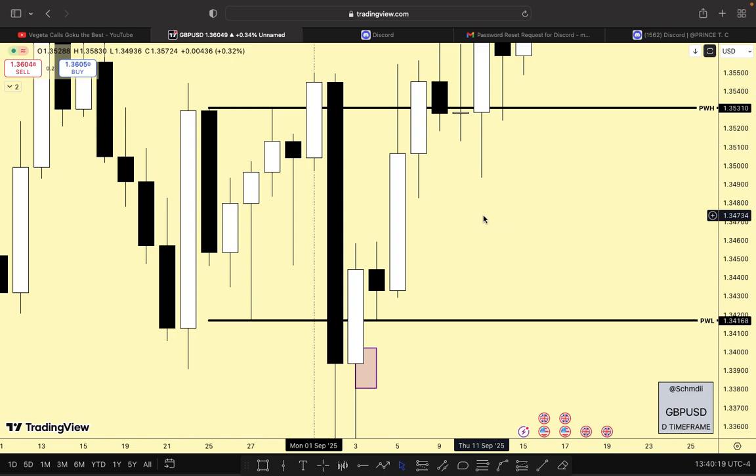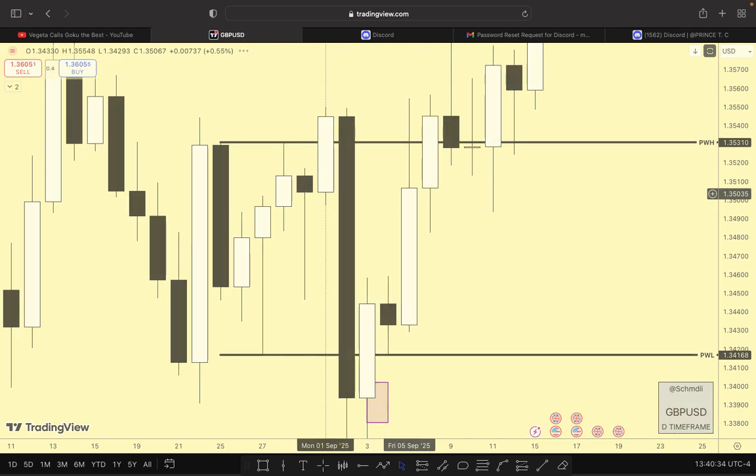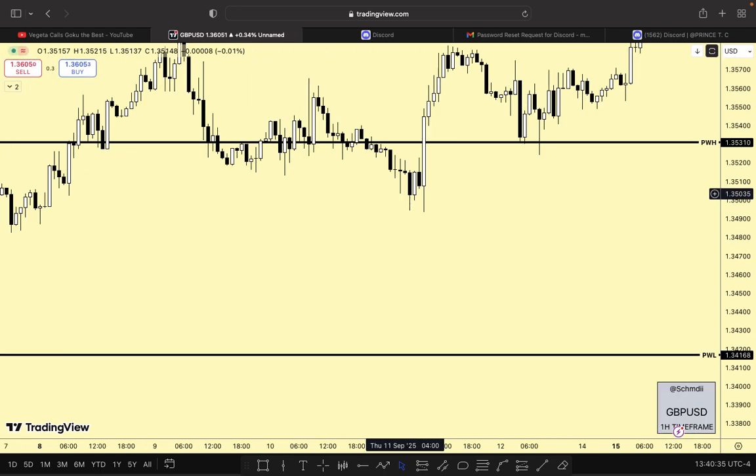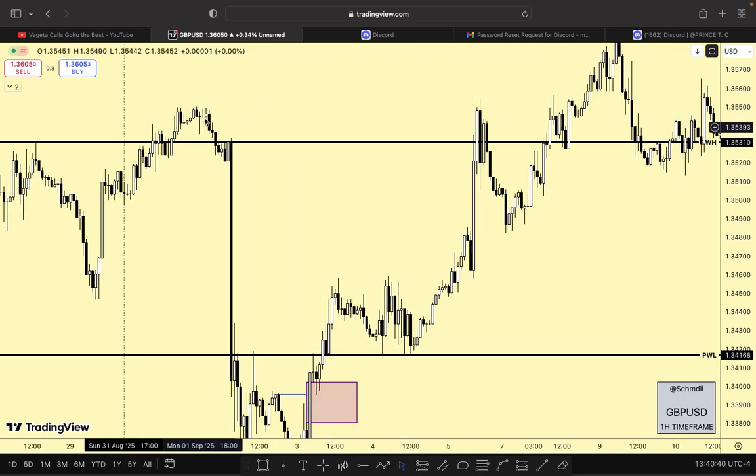So now you can see in this example, now that we're looking at that first week of September, just ignore all of this movement there. It first hit the previous weekly high and then it hit the previous weekly low. Zooming into an hourly chart, you can see here it hit it and then suddenly it started to shoot downwards.